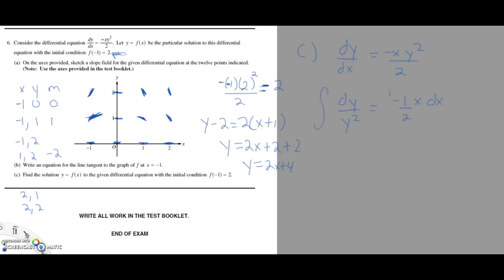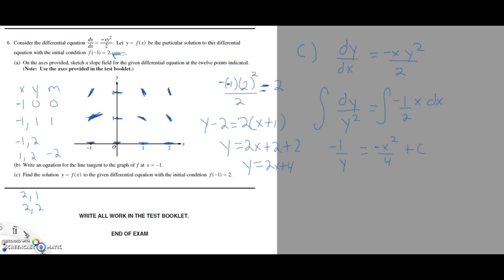When you integrate, this is y to the negative 2, so it's going to become negative 1 over y. And this will become negative x squared over 4, derivative 2x over 4, plus c.